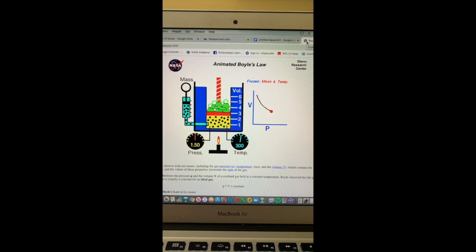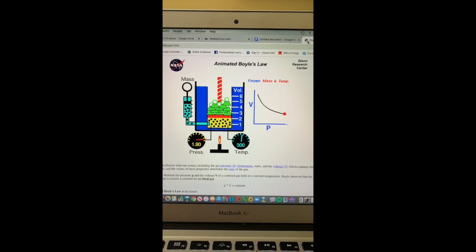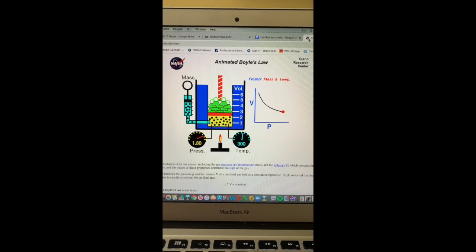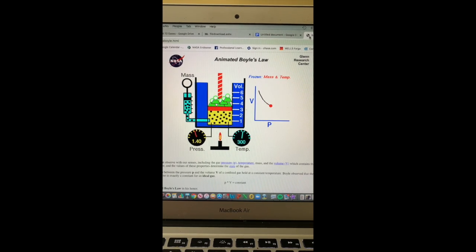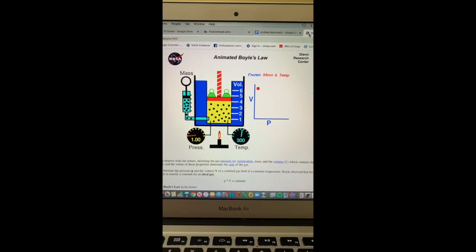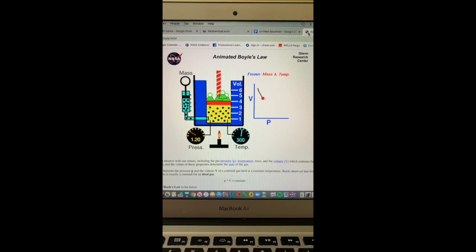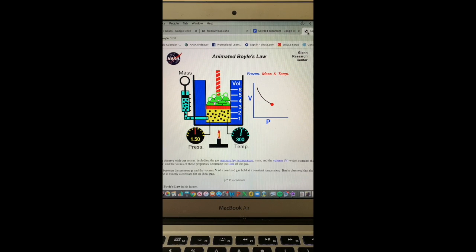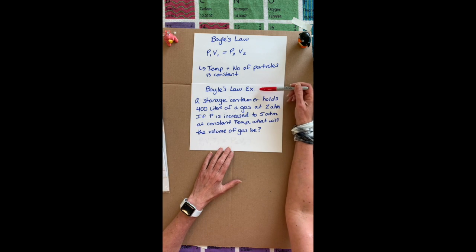So what is the relationship between pressure and volume? As you can see in this demo from NASA, as pressure increases, volume decreases.